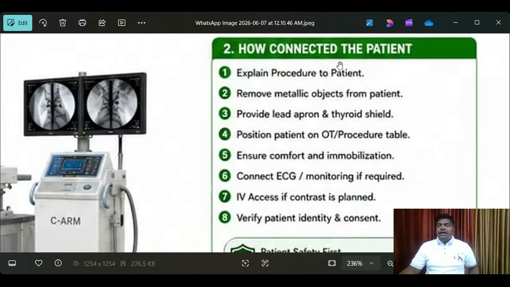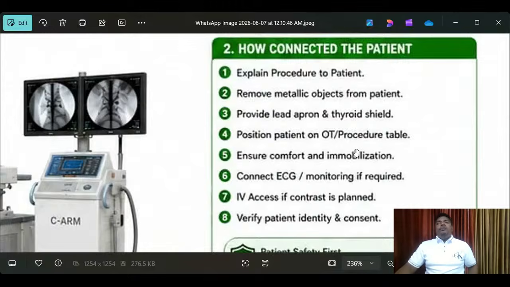How is the patient connected here? First of all, explain the procedure to the patient. We have to give instructions to the patient, because the patient may panic. That's why in every case the doctor explains, we are going to do this for your body, so be alert, nothing will happen. We are doing the operation for your benefit only, and in a positive way we lift their mind.